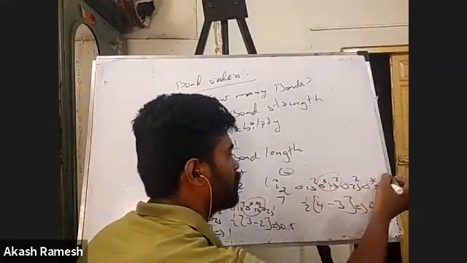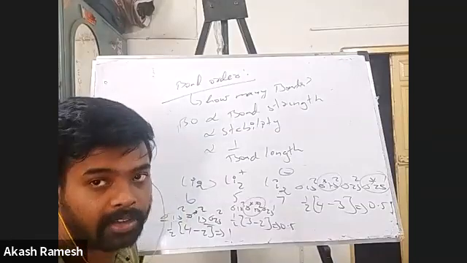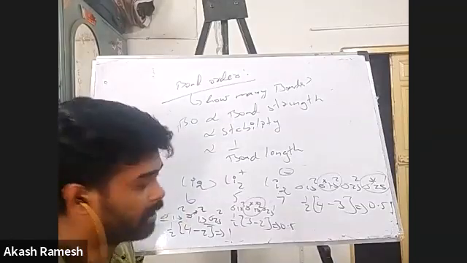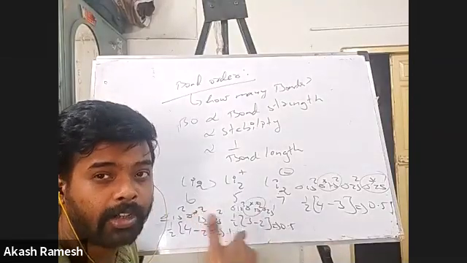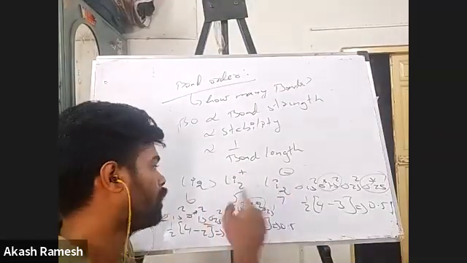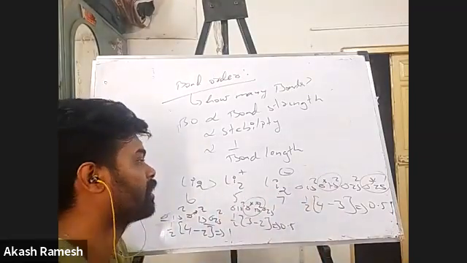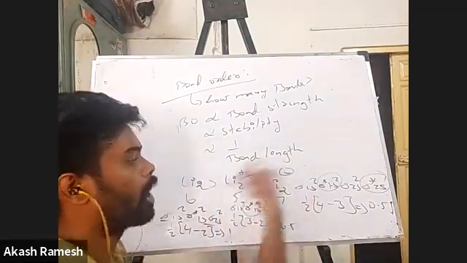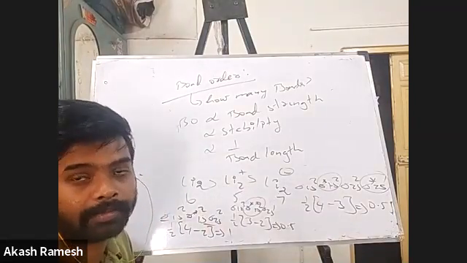There are 2 electrons here, and there is 1 electron here, totally making it 3 electrons. So obviously, what did I tell you? The one with lesser number of electrons in ABMO is more stable. Li2 1 plus is having only 2, and that is having 3. So definitely Li2 1 plus is more stable than Li2 1 minus.